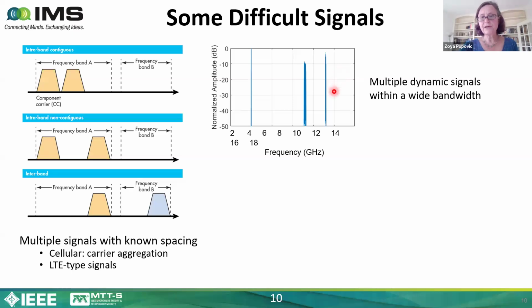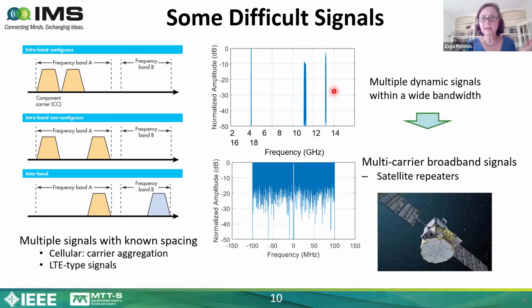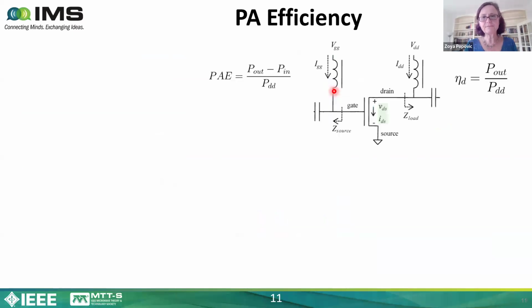In electronic warfare, and in different kinds of military communications, you may use multiple dynamic signals in a very, very wide bandwidth. And the limit of this would be an example of a multi-carrier broadband signal used, for example, in satellites. There you may have tens of thousands of signals, channels that are just stacked up in a, say, gigahertz or multi-hundred megahertz bandwidth. So these are all very difficult to amplify for different reasons.